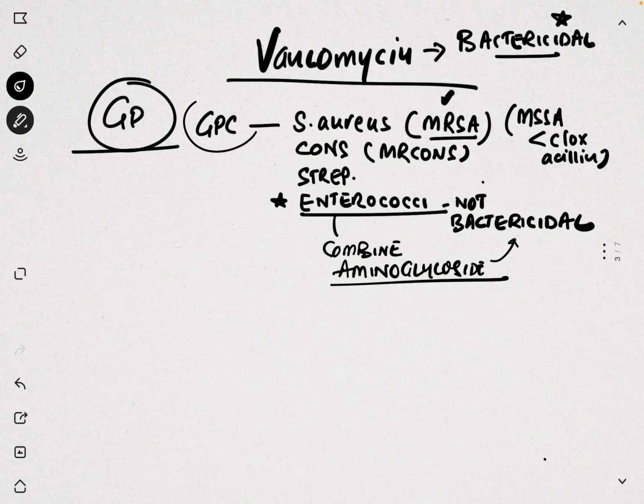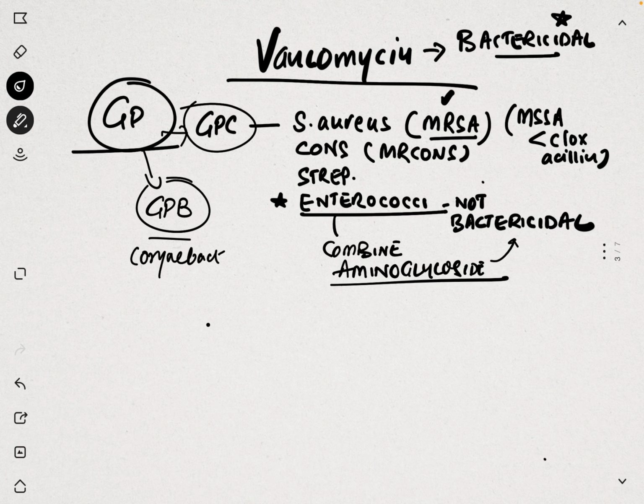So yes, the first spectrum is all gram-positive cocci. It is also effective on gram-positive bacilli. For example, Corynebacterium, all Corynebacterium diphtheriae, Corynebacterium jeikeium, Listeria monocytogenes, all Bacillus species like anthracis, right, and even some Lactobacillus are also inhibited.